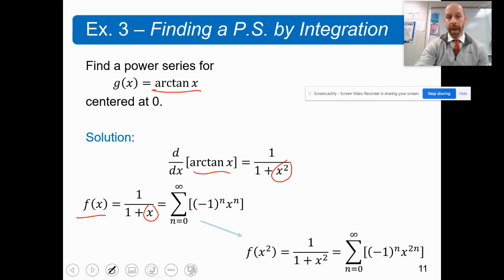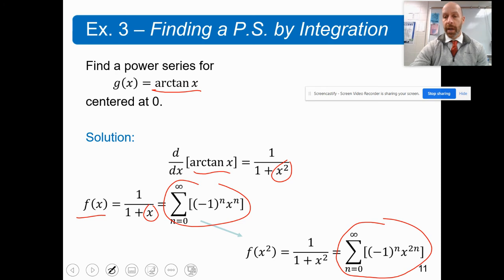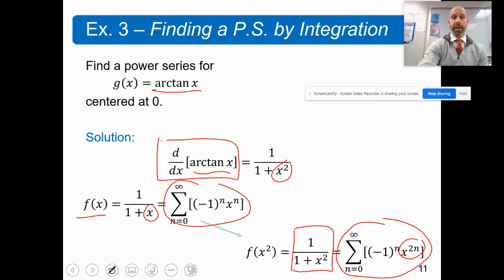So hopefully if you compare this power series to this power series, the only thing that changed is that 2 in the exponent for x. So what I'm telling you is that the function 1 over 1 plus x squared is equal to that power series, which was, again, the derivative of arctan.